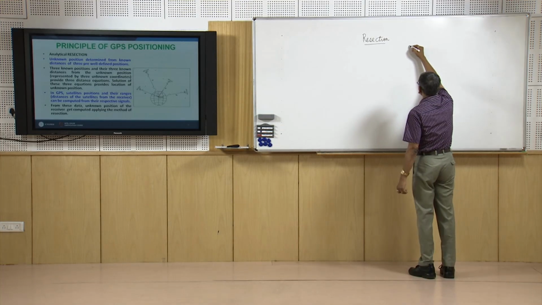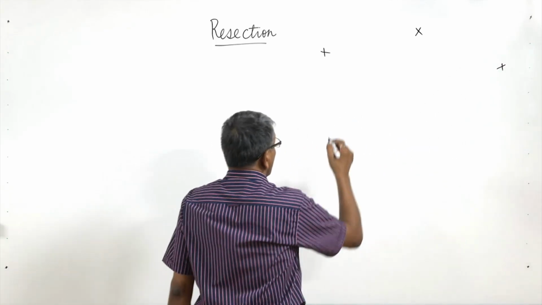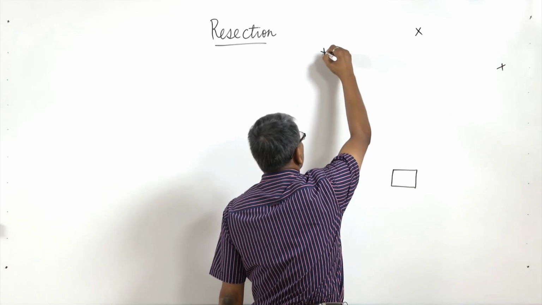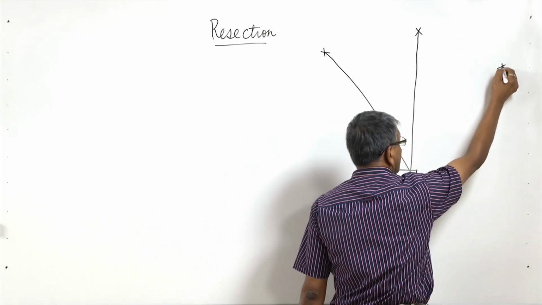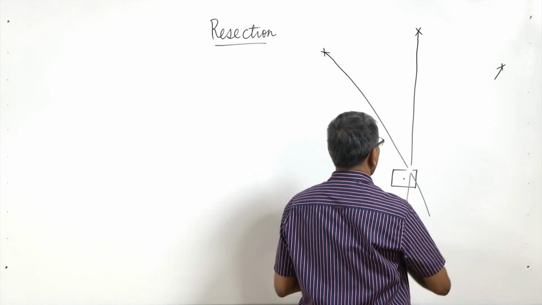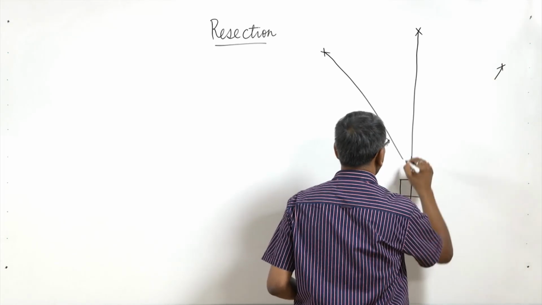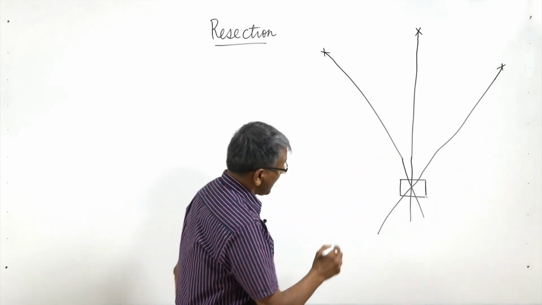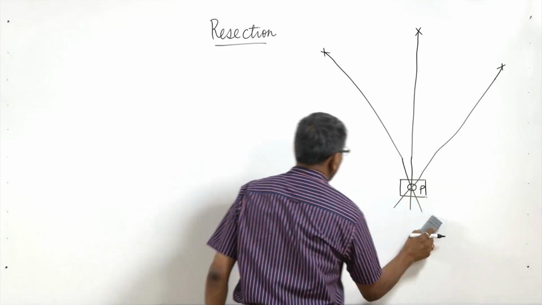In the method of resection, if we know the location of 3 objects, then from an unknown location, if we can observe these and have a line of observation, then the intersection of these 3 lines of observation will provide us the location of the point on which this unknown position is.